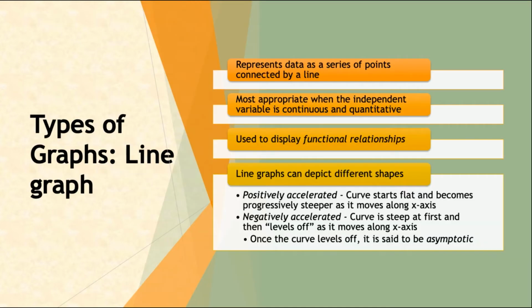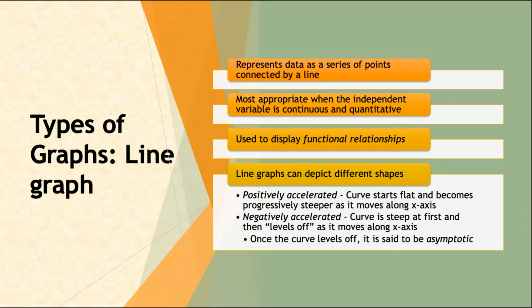Then we have a line graph, which represents data as a series of points connected by a line. It is most appropriate when the independent variable is continuous and quantitative, and is used to display functional relationships. A line graph can also depict different shapes.